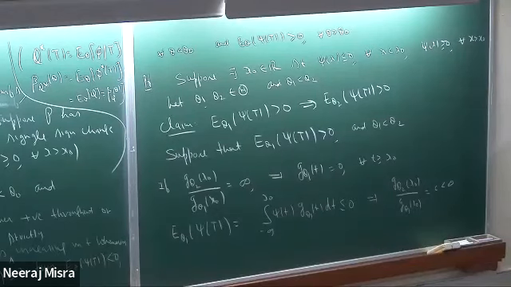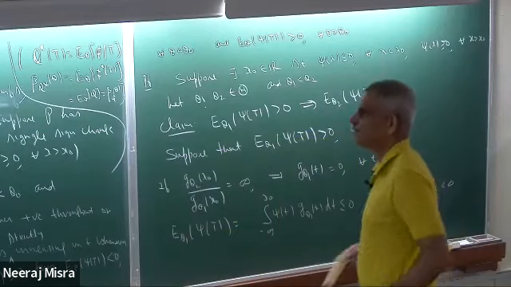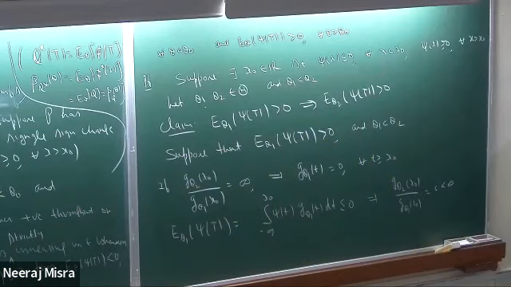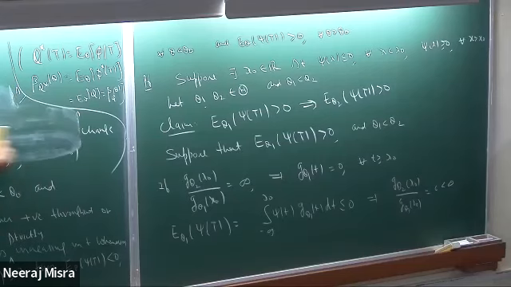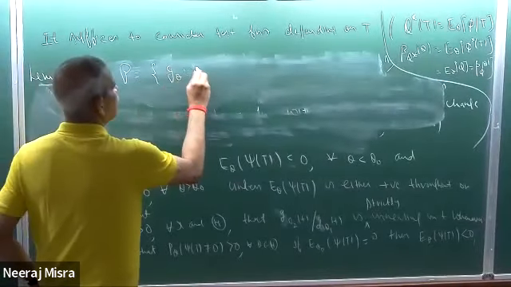You want me to correct it? I can just do it. So what I am saying is, let us consider the same PDFs, the family P, which is g theta, theta belonging to capital Theta.